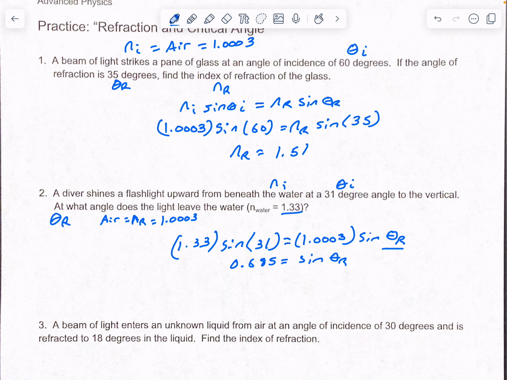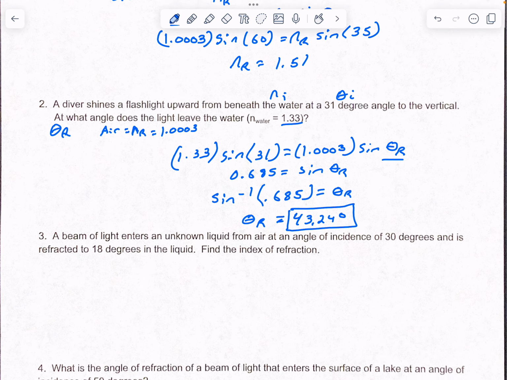I'm going to bring that sine over, and when you bring it over, it becomes inverse sine, so sine to the negative 1, and put that 0.685 in there. That's going to equal your theta R. If you type it in correctly, we should get a refracted angle of 43.24 degrees.